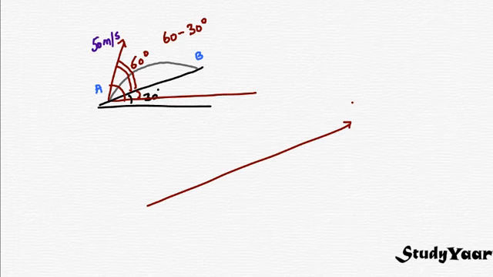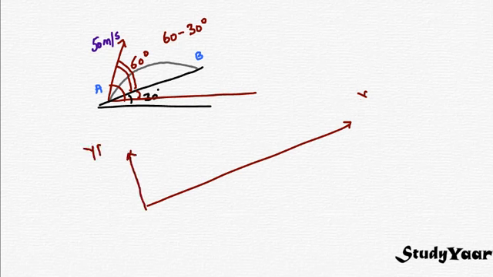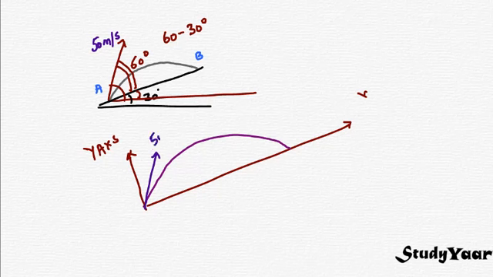So now my condition is like this. This is my x-axis, this is my y-axis. My projectile is having this trajectory, and this is the initial velocity, which is 50 meters per second. This angle is 60 minus 30. The angle of the initial velocity with the inclined plane is 30 degrees.